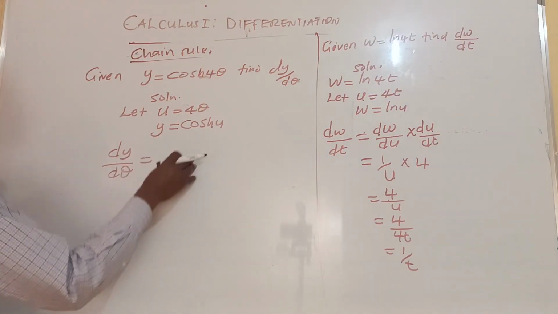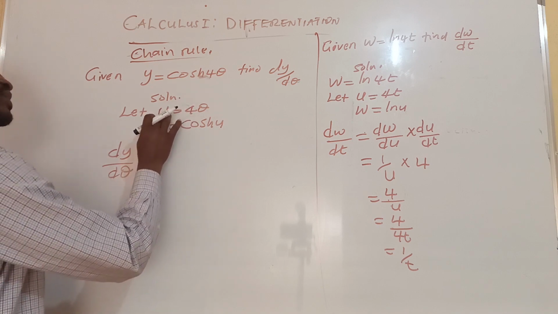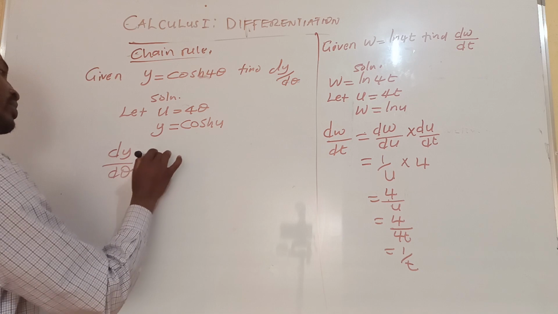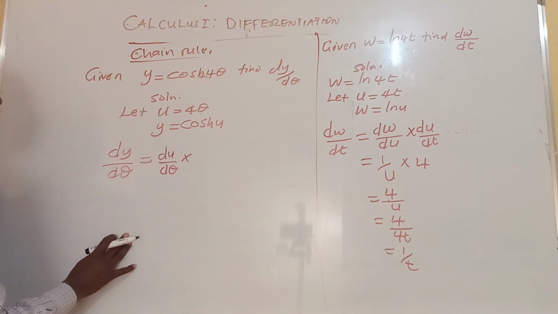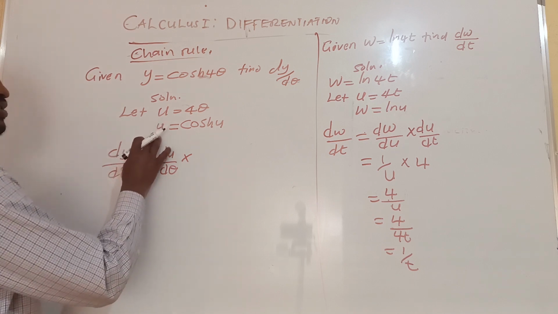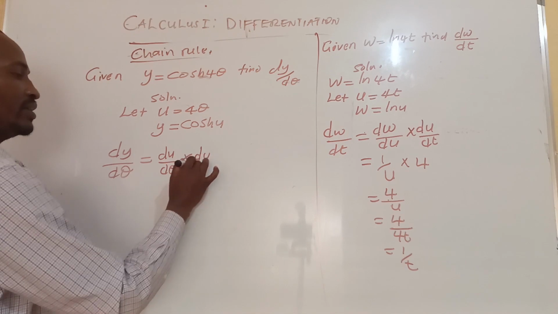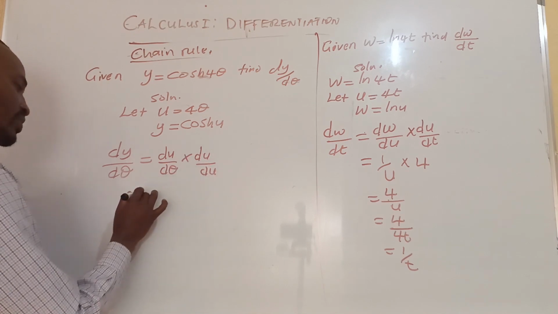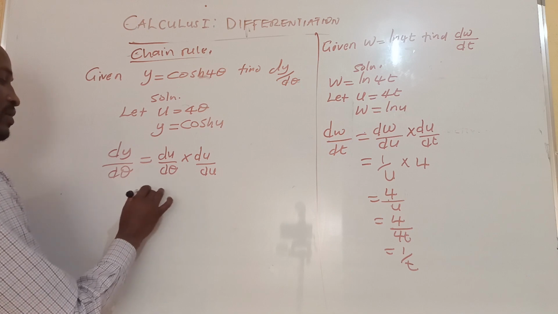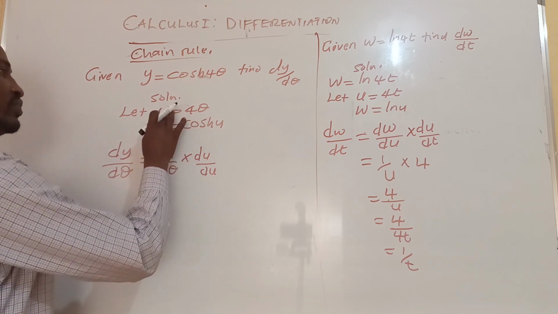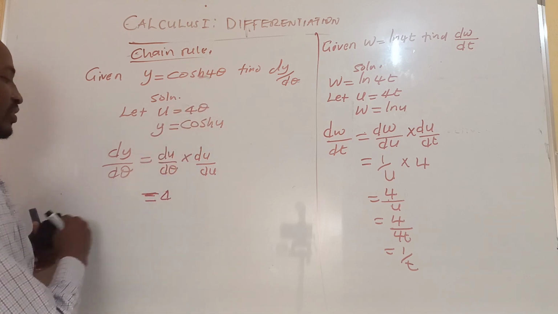So we can go ahead and say it is the derivative of the inner function, which is the derivative of u with respect to theta, or du d theta, times the derivative of the outer function, which is the derivative of y with respect to u, dy du. Now this one, du d theta: you differentiate u with respect to theta.